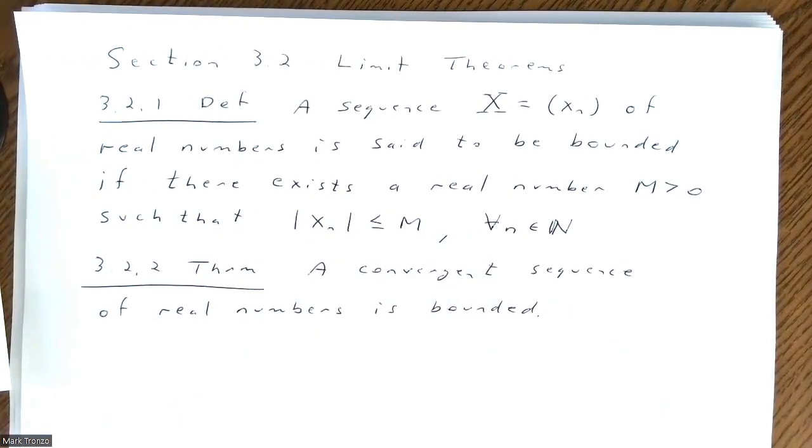So if you have a sequence that's convergent, it's automatically bounded. There's going to be some value that's bigger than all the terms in the sequence.